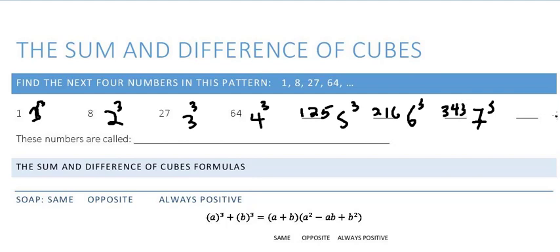And 8 cubed is going to be 512. So these numbers in this pattern, because they come from a cube, are called perfect cubes.